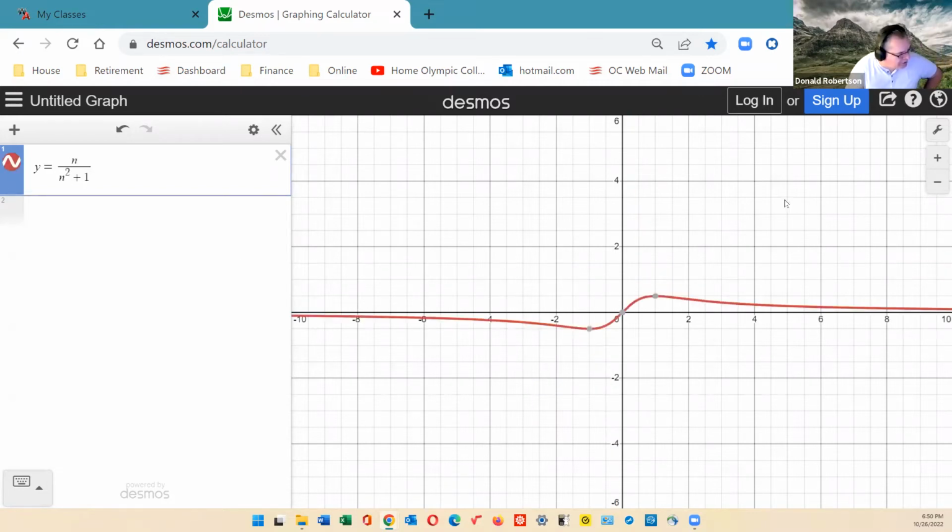Now, Desmos plots things. Let's not worry about what it's plotting, right? But if you wanted to find out the answer to this guy, what you do is you copy this fella, put a little bracket, and you put, I believe, let's see if I remember, it's n, comma, the guy.